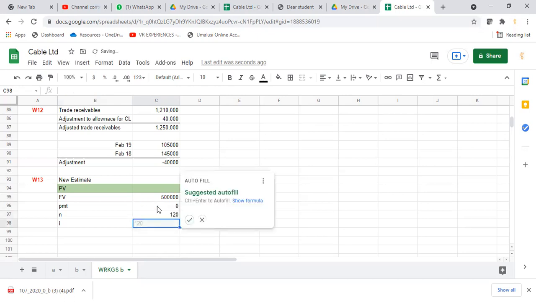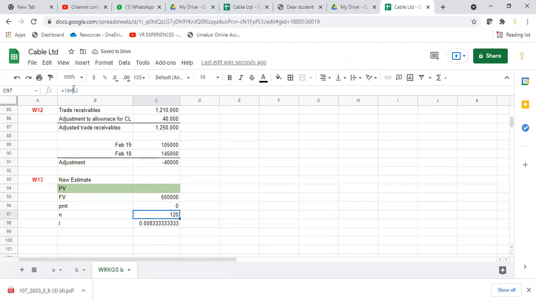So that's 120. And then over here, I is going to be 10% per annum, but it's compounded monthly, so we divide by 12. So what you take note of over here, the number of compounding periods is 12, and we divide by the number of compounding periods, 12. So it's like for like. Okay, just take note of that.